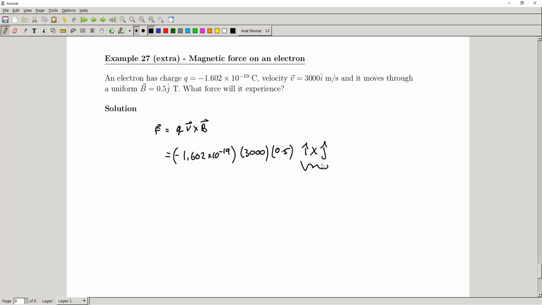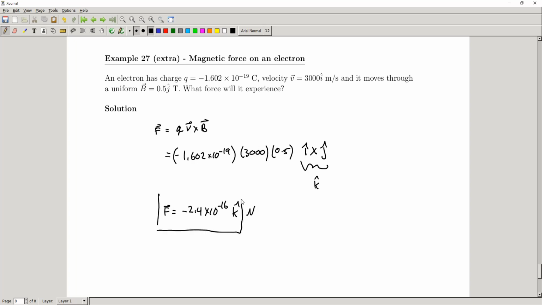If you think back to your earlier work, to when you've looked at cross products in 111, you should remember that i cross j is just k. So i hat cross j hat is k hat, and so we get our answer. If we plug through these numbers, we're going to find that F is equal to minus 2.4 times 10 to the minus 16 k hat newtons.